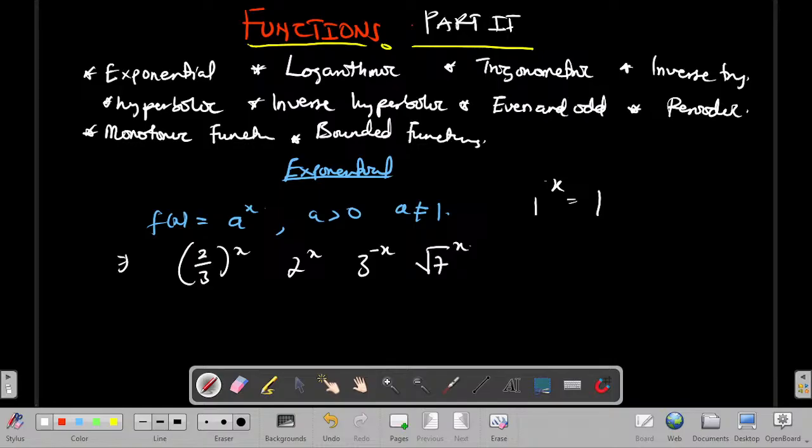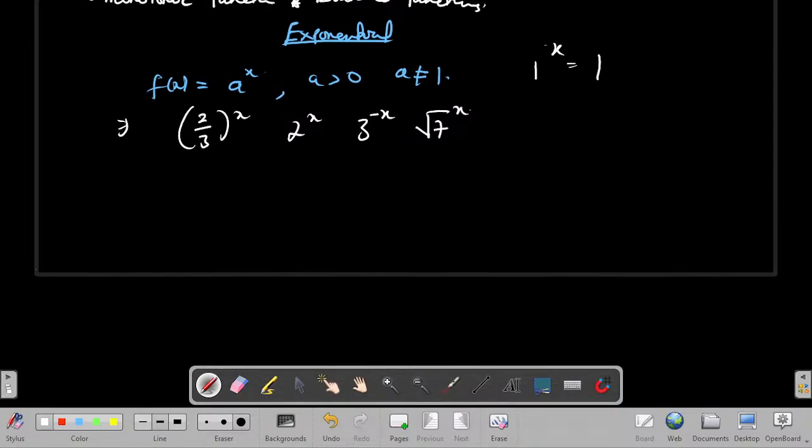Now, what is the domain of an exponential function? So, you realize that given an expression a to the power x, where a is a positive number, you can confidently say that the domain can be any number actually.